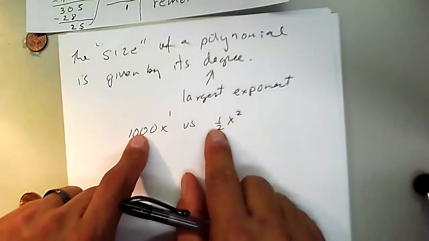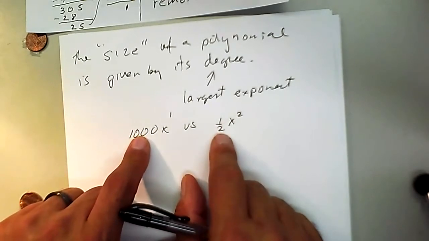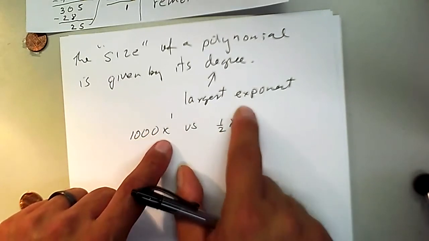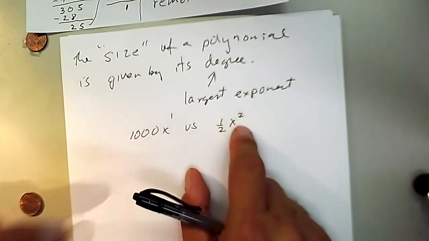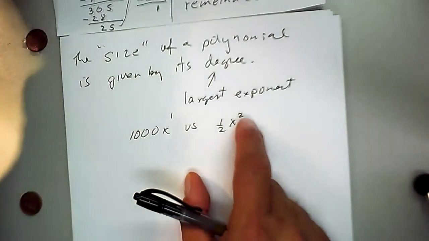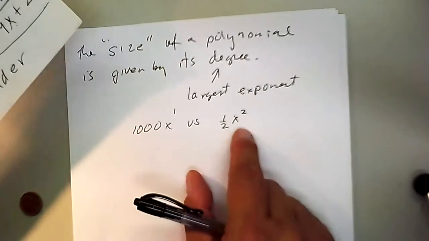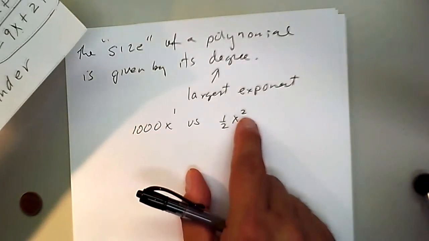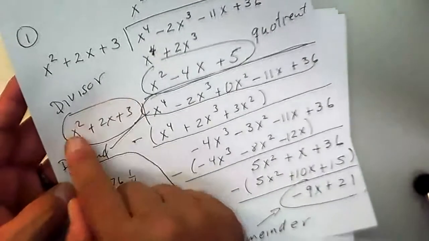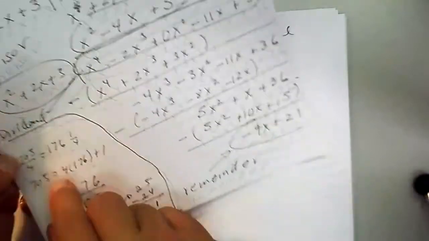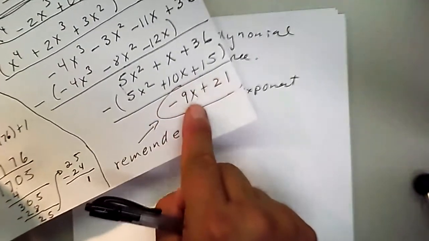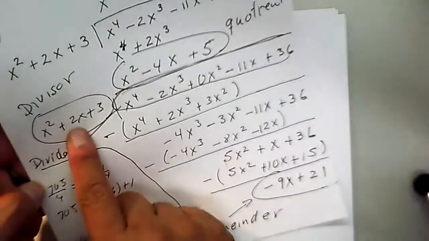Never mind that this is 1000, which is huge compared to the 1/2. But x squared is what matters in this case, not the 1000. So the coefficient is not that important. What is important is the exponent. So this polynomial has degree 2. This polynomial has degree 1. That one is bigger than that.